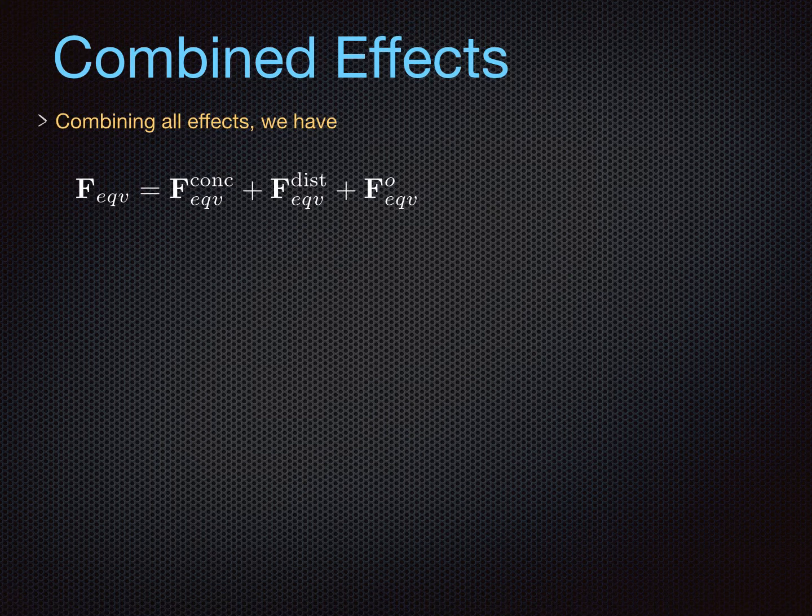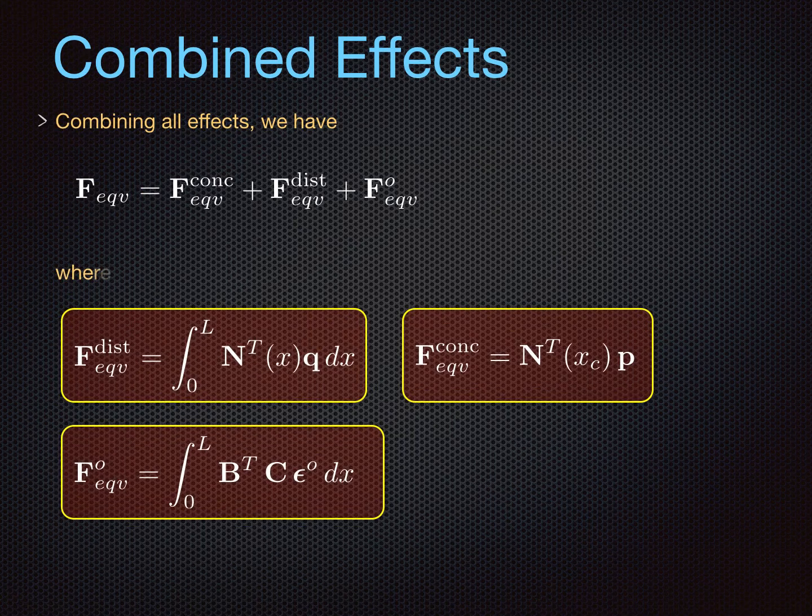If you have some initial strains, whether it's from thermal problems or geometric imperfections, you can include them in here. And of course, those integrals are all dependent upon shape functions, and in the particular case of initial strains, constitutive properties C as well.